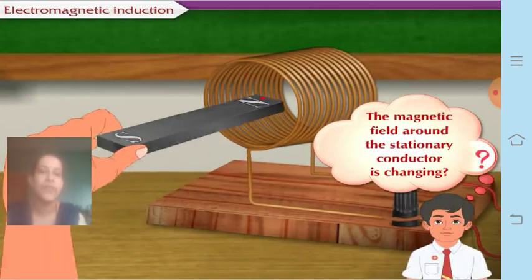Suppose we are changing the magnetic field around a stationary conductor. This is one thing.